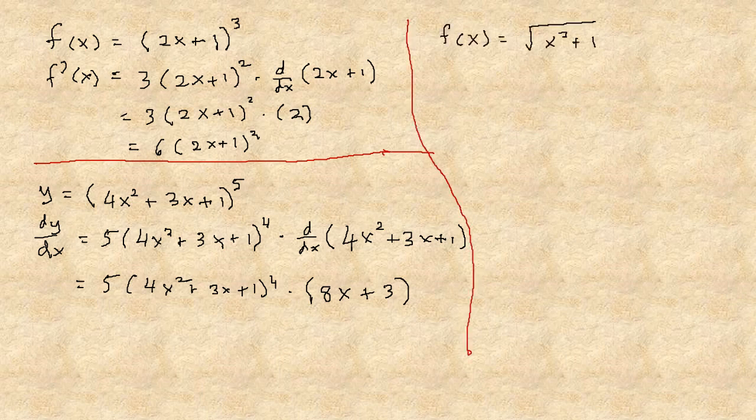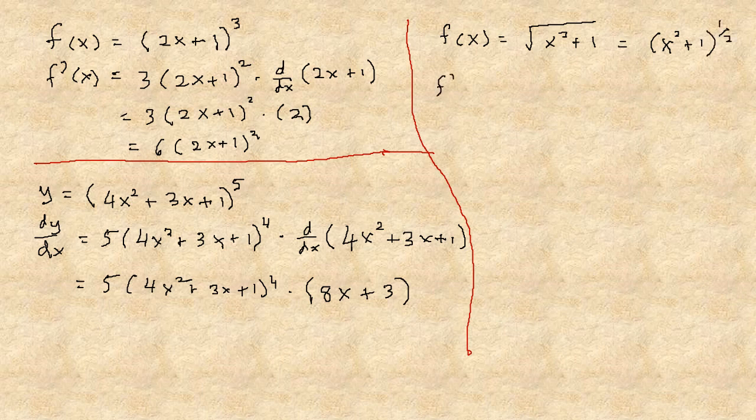Alright, try the next example. We have f(x) = square root of (x squared + 1). For the square root, we change it to (x squared + 1) to the power of 1/2.